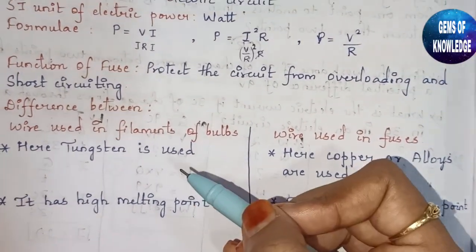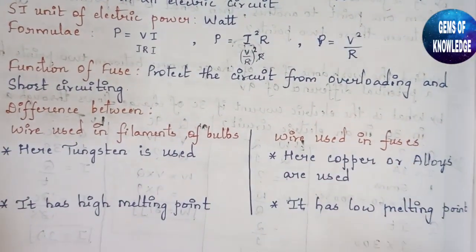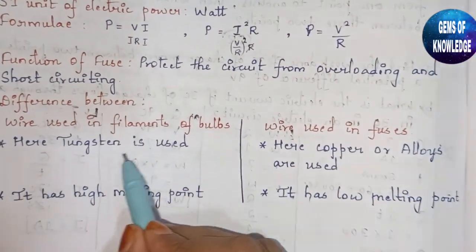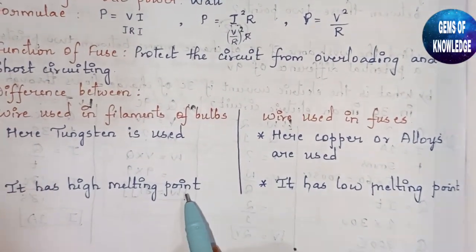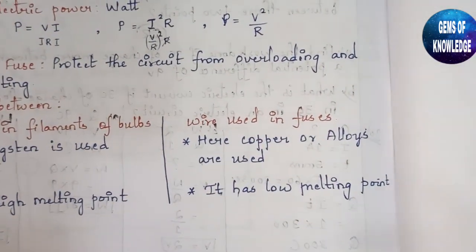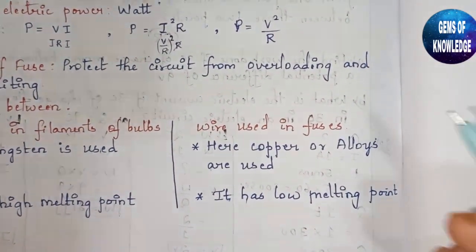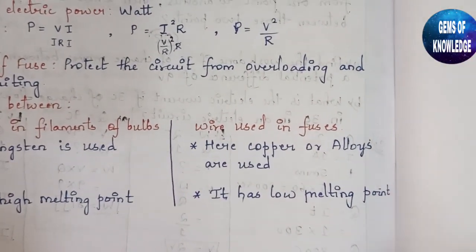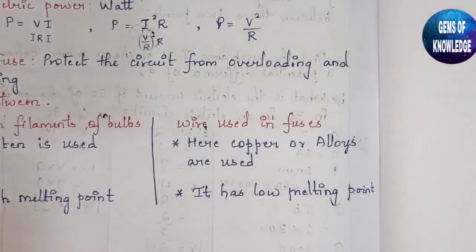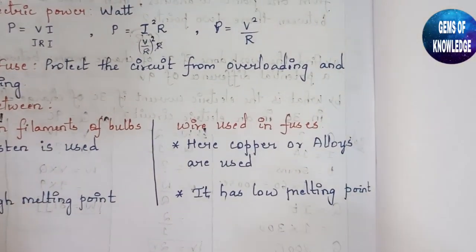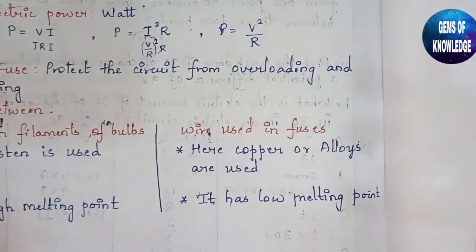If it melts, it will damage the bulb and there are chances of the bulb bursting. So tungsten is used here because it has a high melting point. Whereas in a fuse, copper or an alloy of other metals is used because copper has a very low melting point. At a very low melting point it will melt and the fuse will break, so as to keep the electrical appliances safe.